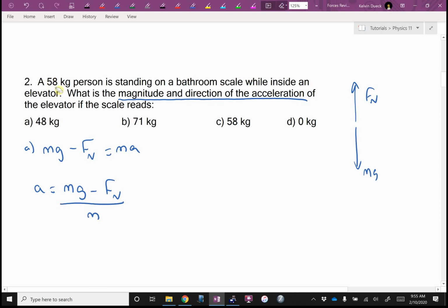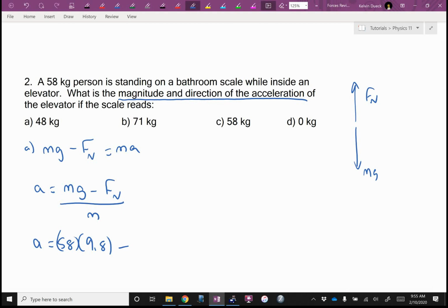What's the mass, Marcella? What's g exactly as a number? Minus, what's the normal force? Don't say 48. Why can't this possibly be a force? Yeah, it's not newtons. How would I convert 48 kilograms into newtons? It's equivalent in newtons.